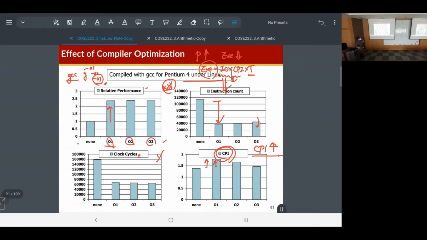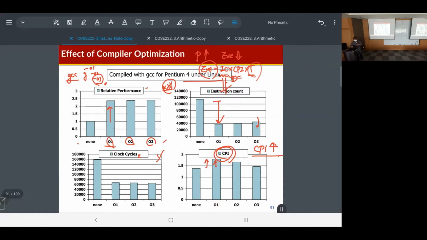The clock period is the hardware part, so it's related to the hardware implementation and the structure of the processor. But compilers can change instruction count and CPI. These graphs show how the instruction counts and CPIs can be changed by compiler options, so compiler optimizations.